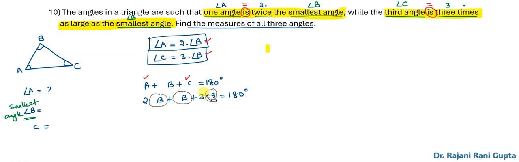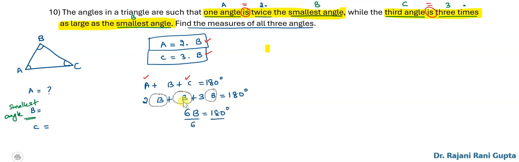Both are fine. But maintain consistency: if you are using it without angle, use it without angle. Okay. So what this gives you: 2 plus 1 plus 3, 6B is equal to 180 degree.